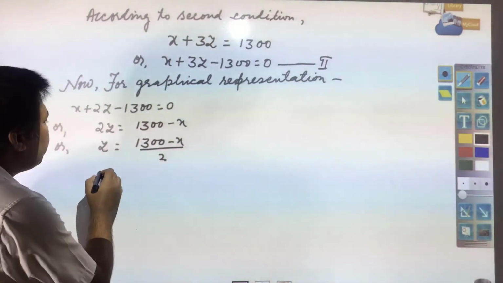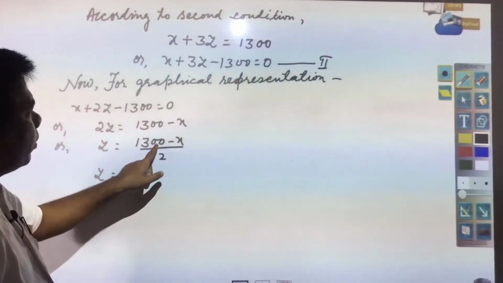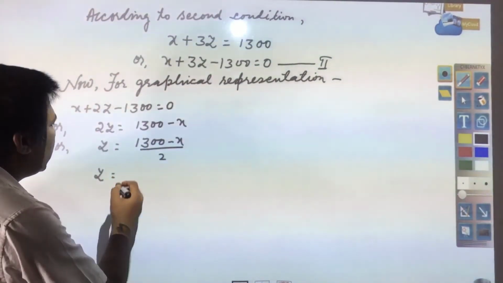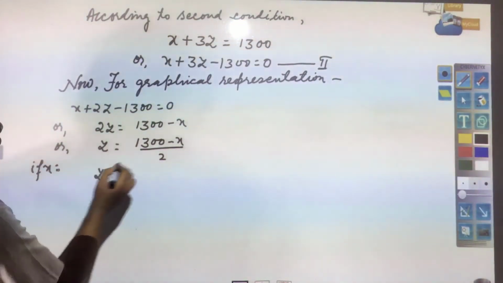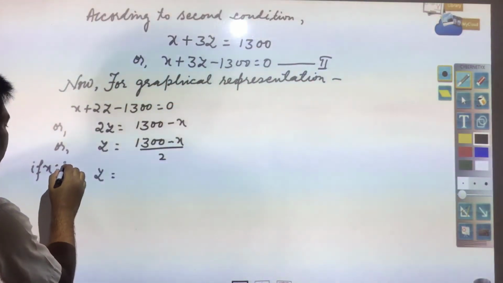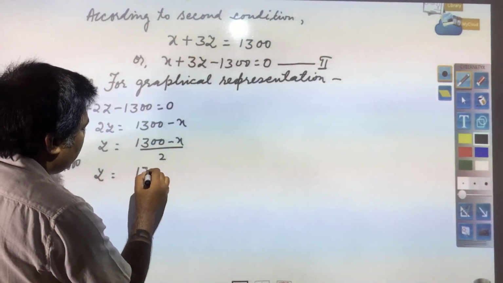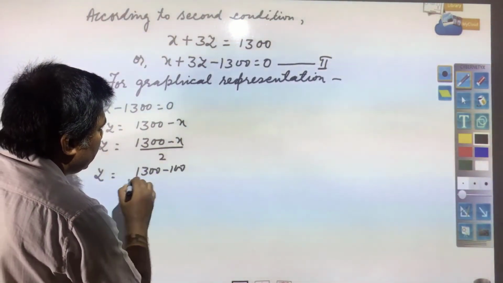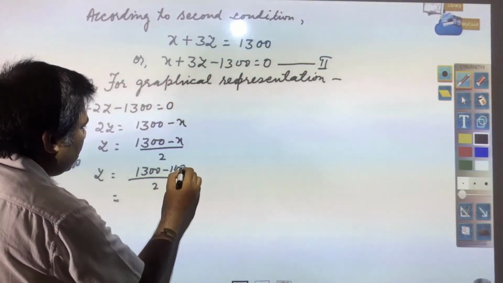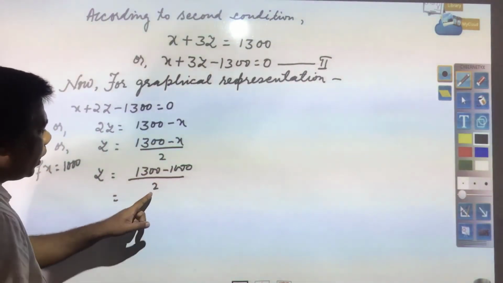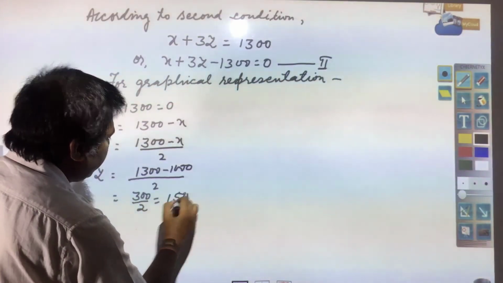Now, you have bigger numbers, and that is why we need to assume x. Suppose x is equal to 1000, in that case y will be (1300 minus 1000) divided by 2, it means 300 by 2, and this will be 150.